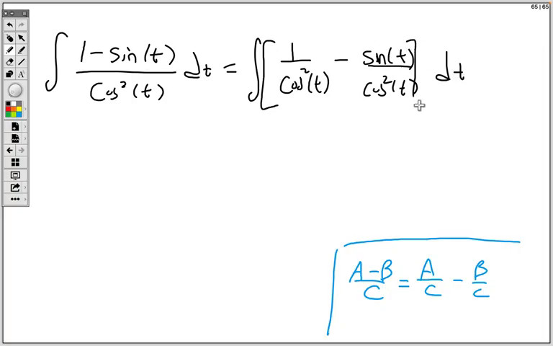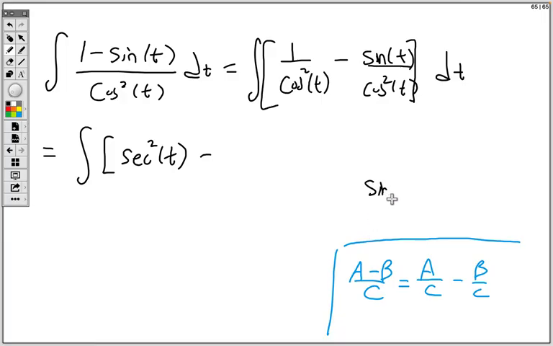And you should know anytime trigonometry is involved, there's a good chance we can make our life easier if we use identities. So here, the first term, 1 divided by cosine squared of t, well, that's 1 divided by cosine of t squared. So that's secant squared of t. That should ring a bell. Minus, and here we've got sine of t over cosine squared of t.